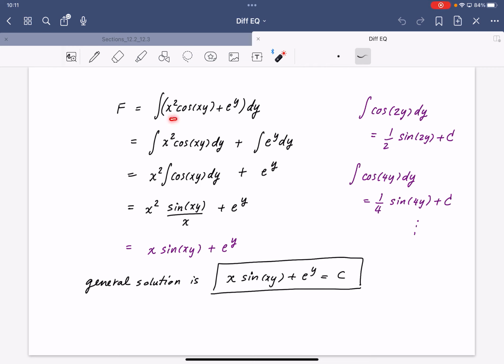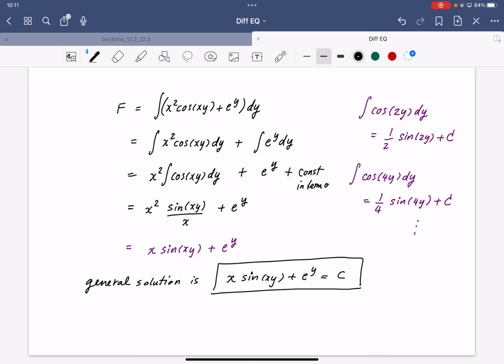Technically, when you integrate with respect to y, you're gonna have some constant in terms of x as well, but for this case, you don't have to be worried. Usually when you integrate, you're gonna have some constant, right? But because you integrate with respect to y, you view x as a constant, so you're gonna have a constant in terms of x as well.